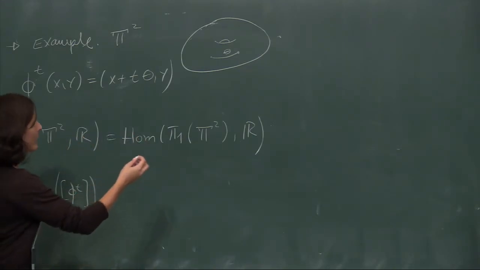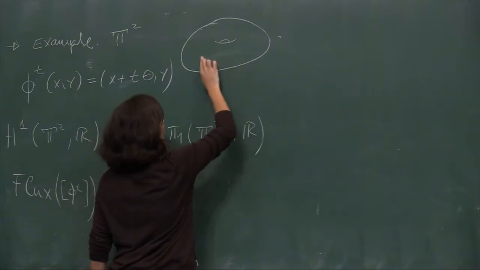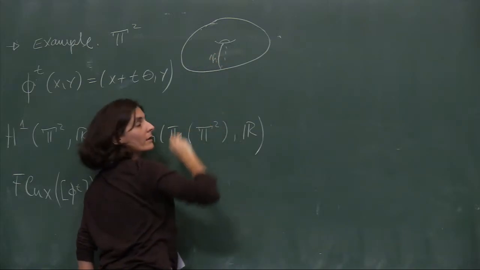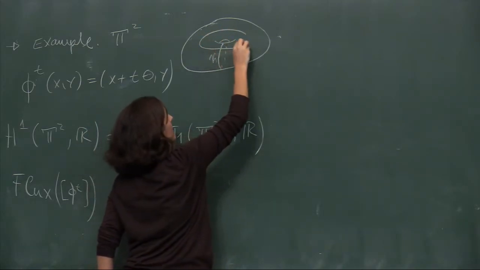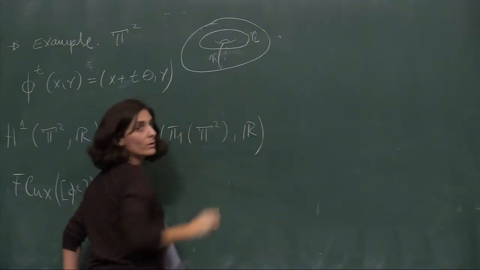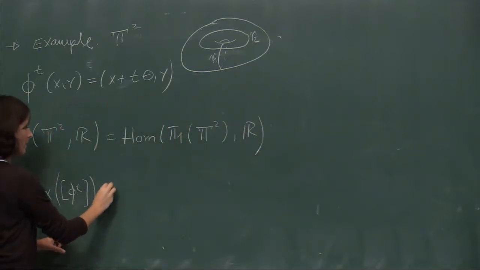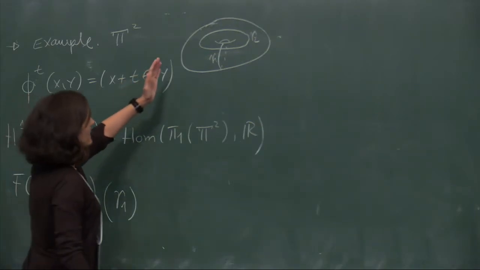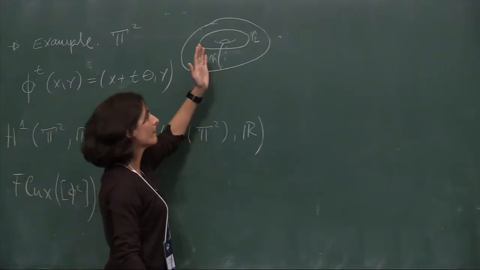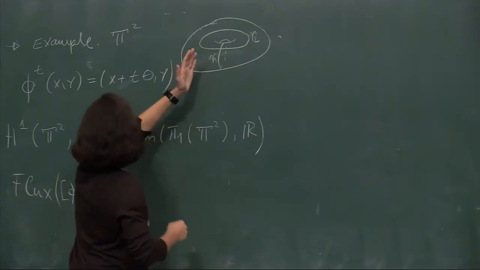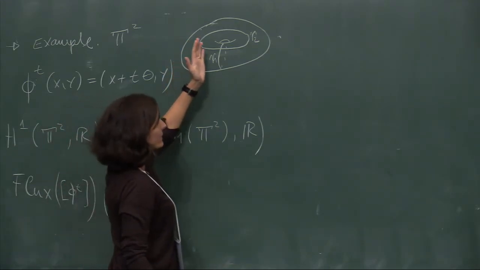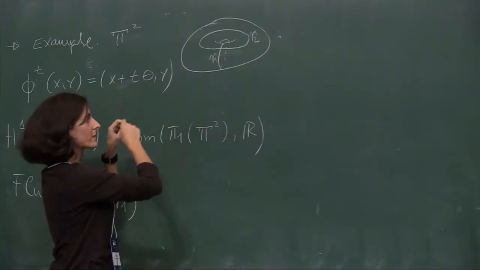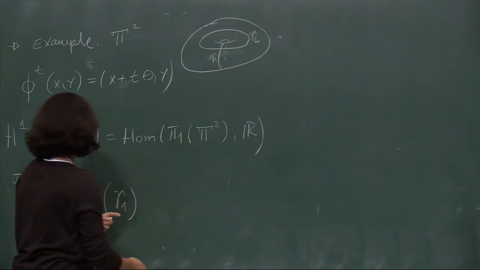Let me look at the generators. Consider this gamma_1 and this gamma_2. I start here at gamma_1, and in time 1 it will be translated by theta. So the area of that cylinder is just theta times 1.